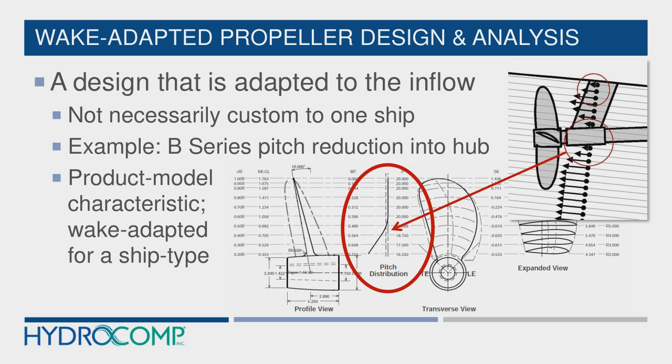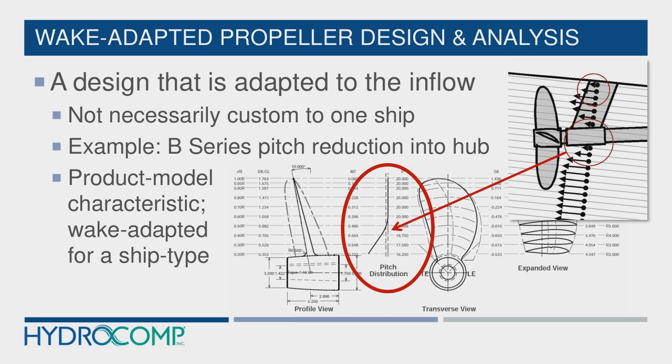The four-blade B series has a pitch reduction into the hub, or into the root, starting at 60% radius down to 20% radius at the hub. There's an 80% pitch reduction in that region.